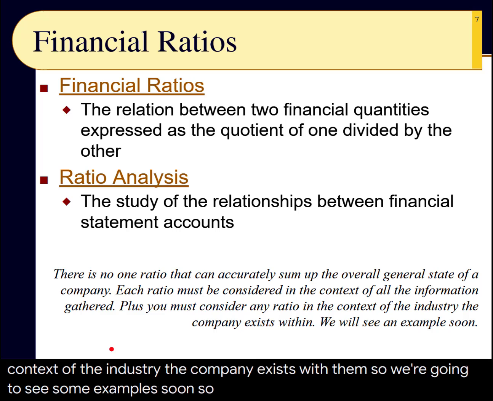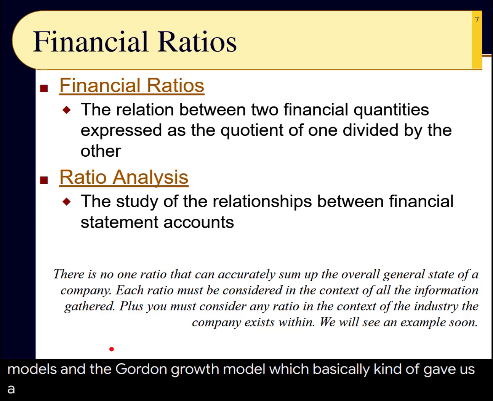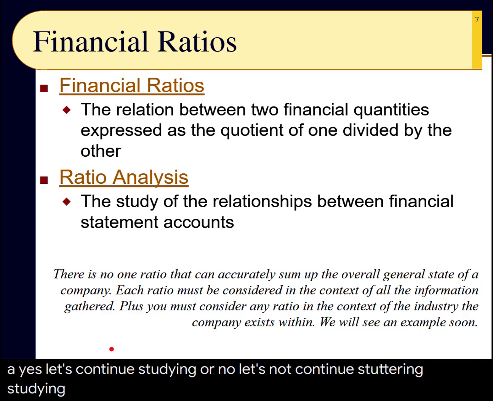So unlike the discounted cash flow models and the Gordon growth model, which basically gave us a yes, let's continue studying, or no, let's not continue studying, the ratio analysis is more like a stew.